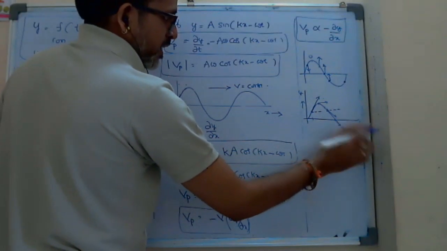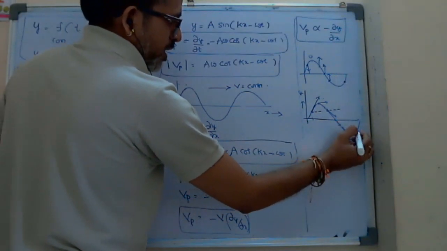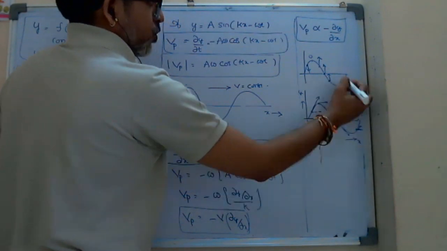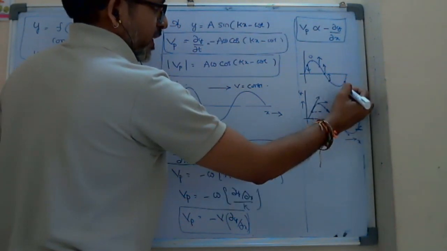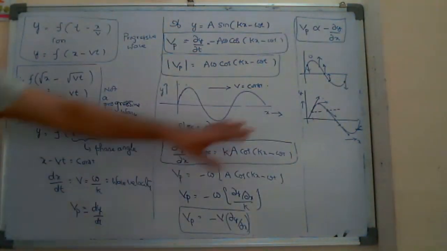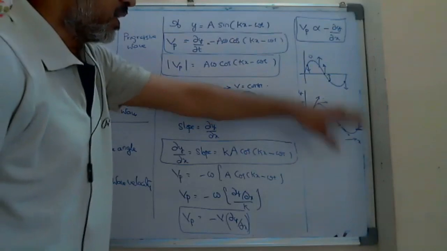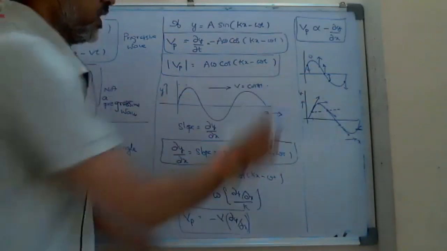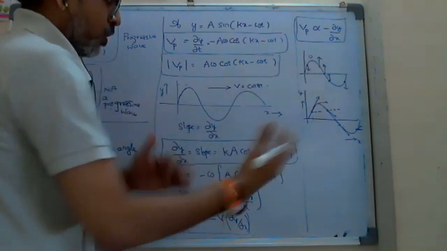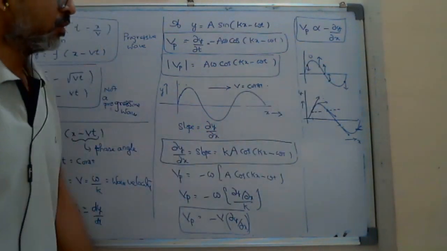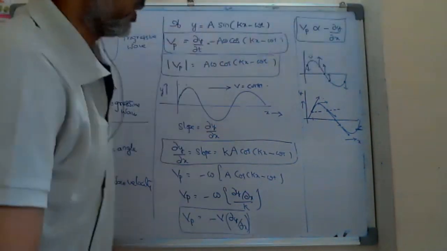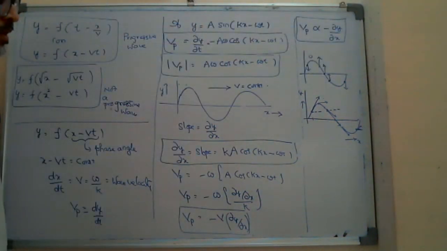And finally at this point, the slope is positive, so velocity of particle should be negative, downward. Likewise, at different points, in the exam we have to choose the correct option among the 4 options.